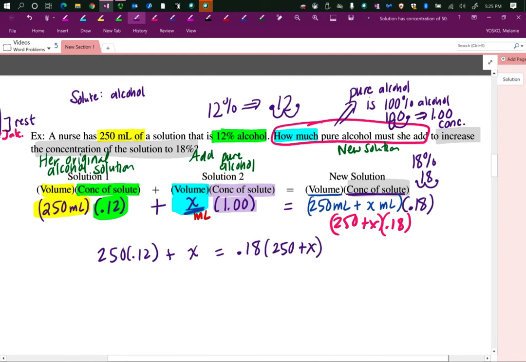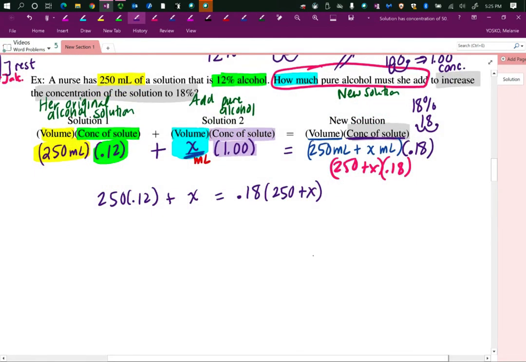And now we're going to solve. We're going to multiply 250 times 0.12. We get 30 plus X equals. And now we're going to distribute. We're going to do 0.18 times this value in the front and then 0.18 times the back. So 0.18 times 250, we get 45. And then 0.18 times X is 0.18X.